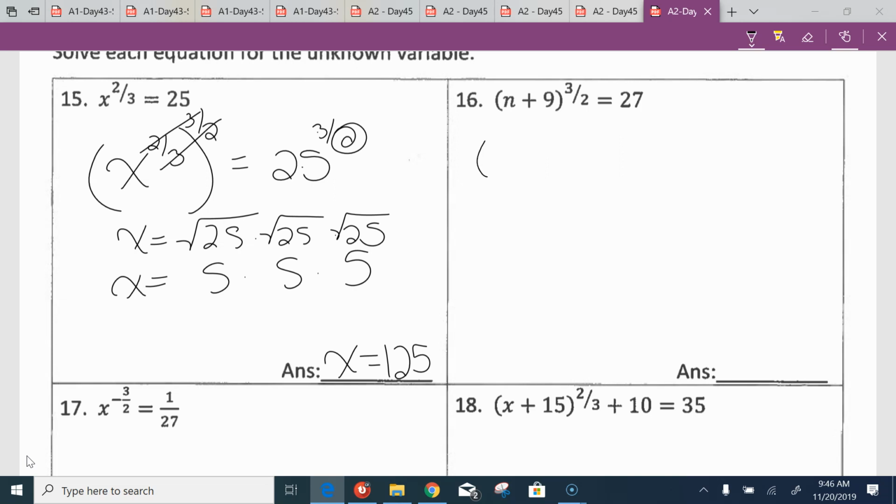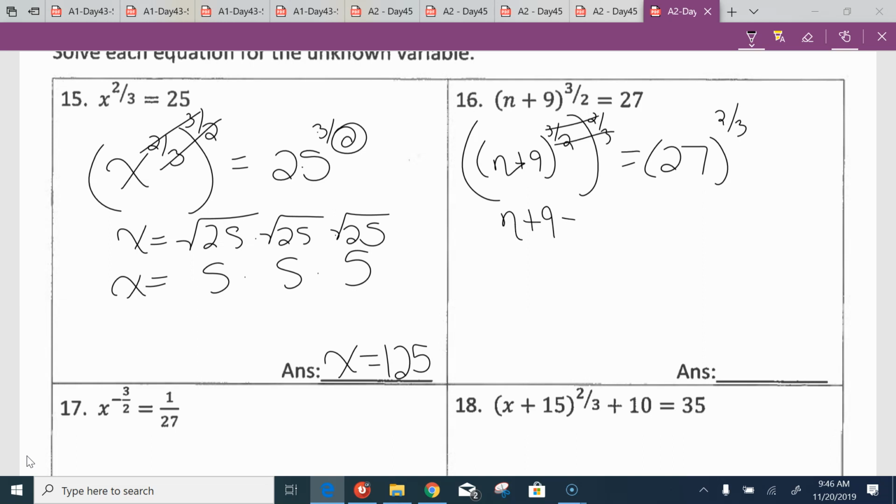Moving on to number 16. I have on the left side n plus 9 to the 3 halves, which I'll raise to the reciprocal right now while I'm still writing it. And I'll do the same thing to the right-hand side. I'll take 27 and raise that to the 2/3. I think I said 3 halves earlier. These cancel out. I have n plus 9 equals 27 squared. So I have 27 times 27 taken to the third root.